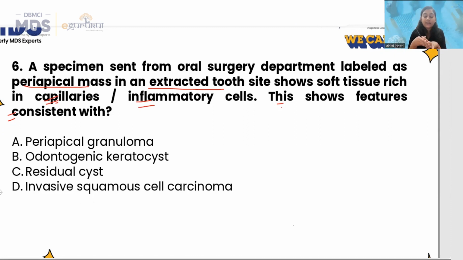Your professors would have said, "This is periapical granuloma." Okay. So here the answer is periapical granuloma. Now here two options are slightly confusing. Okay, residual cyst and periapical granuloma. But the option has clearly mentioned there is soft tissue rich in capillaries and inflammatory cells. Okay, so the diagnosis is periapical granuloma.